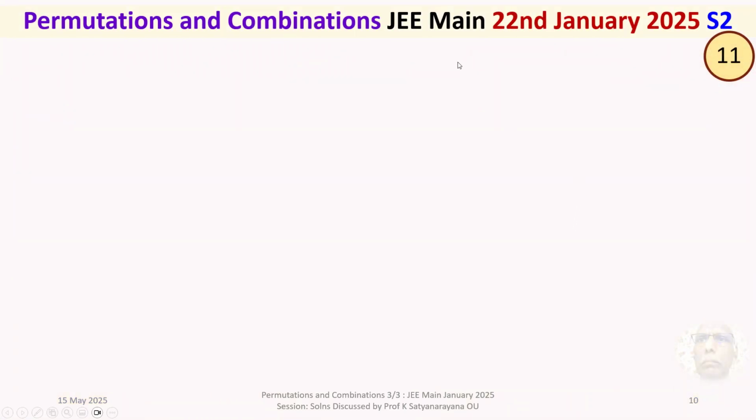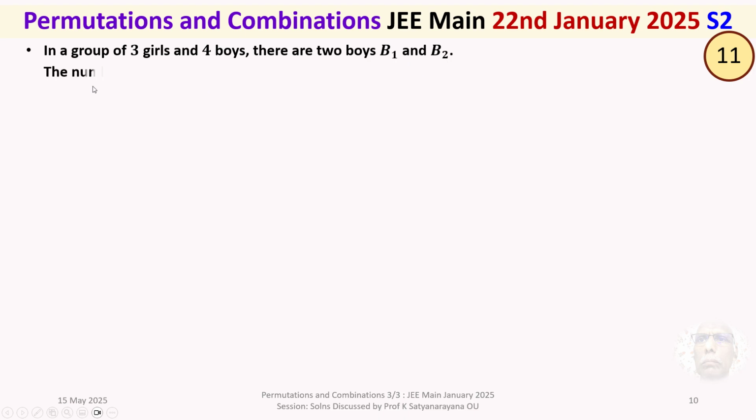Yes, this is a question that has appeared in the JEE Main exam held on 22nd January 2025 in the second shift. The given question is, in a group of 3 girls and 4 boys, there are 2 particular boys named B1 and B2.